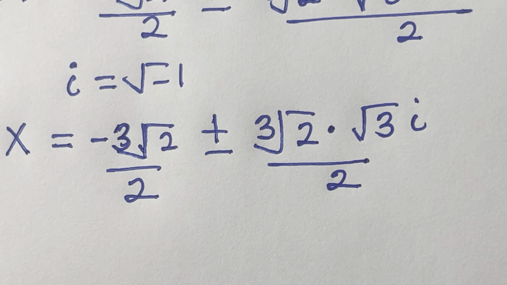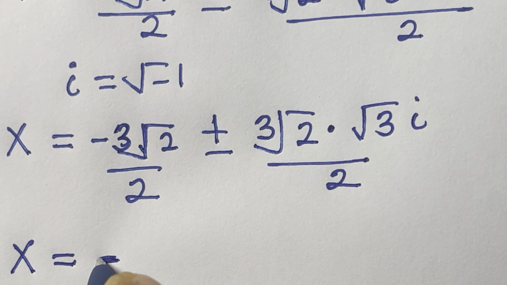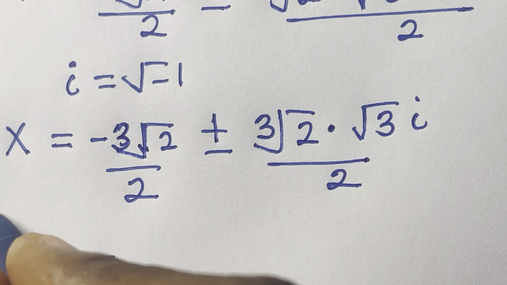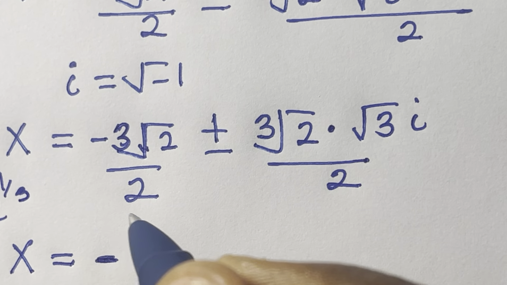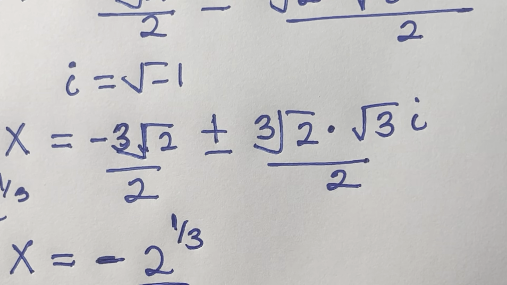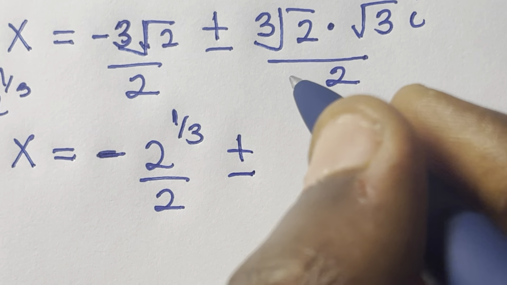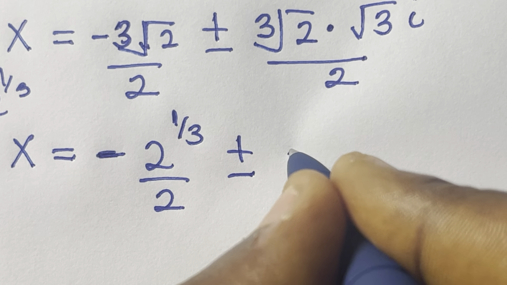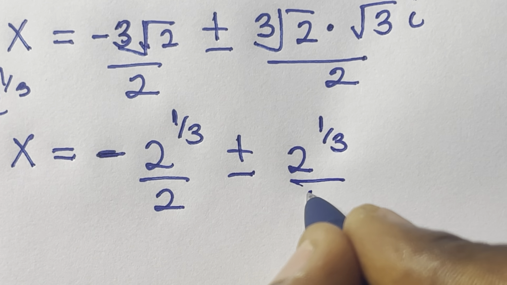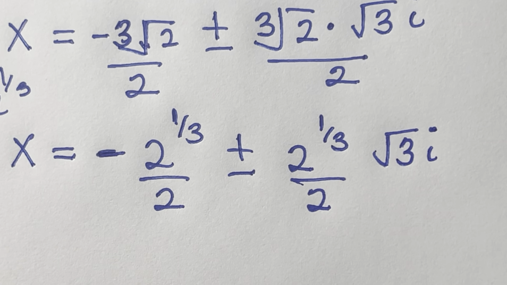So what this means is we'll have x equals minus, this cube root simply means 2 raised to the power 1 over 3, then divided by 2 here, right? So plus or minus, again here we have cube root of 2, so that means 2 raised to the power 1 over 3, divided by 2, before we multiply it with square root of 3i.